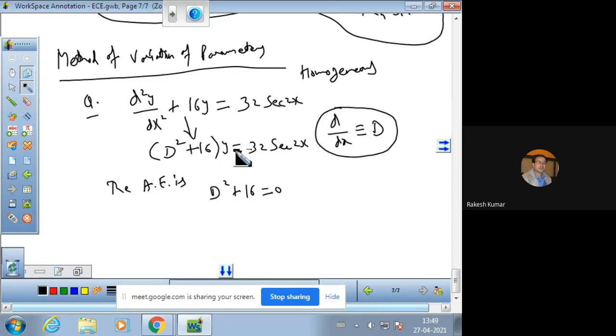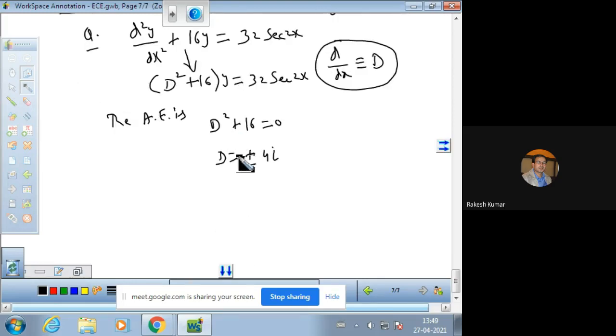So this is D is equal to plus minus 4 iota, the roots of this auxiliary equation. If the roots are these, it means the real part is 0 and the imaginary part is 4. So therefore we can write down the complementary function.